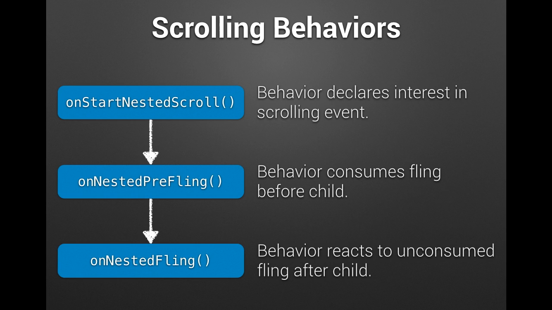Pre-fling and fling, same case, right? Pre-fling is before the fling occurs. And then after the animation has started on the scrolling child, in this case the recycler view, that's when you'll get an unnested fling. So you may want to use one or the other. In a lot of cases, you may have to do a little bit of both. In all the examples that I have, I'm using at least one of both of those methods. So you'll see kind of why in a little bit.